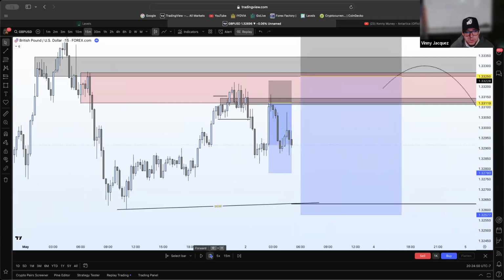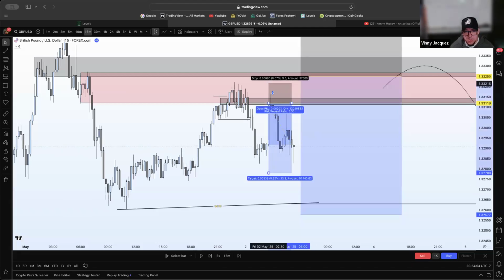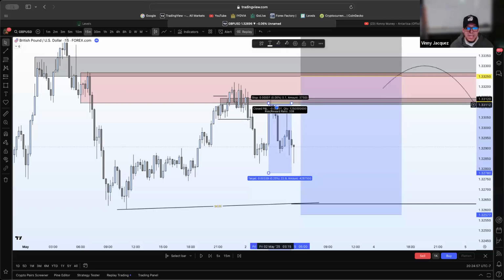Now, if you didn't take any partials and minimum, let's say you broke even, right? Because you should at least, if you guys are going to be not taking partials, which I don't recommend, you should always take partials. But if you guys aren't, because I know some traders don't, at least minimum, guys, move your stop loss to break even.